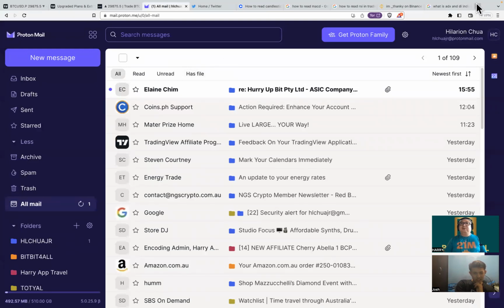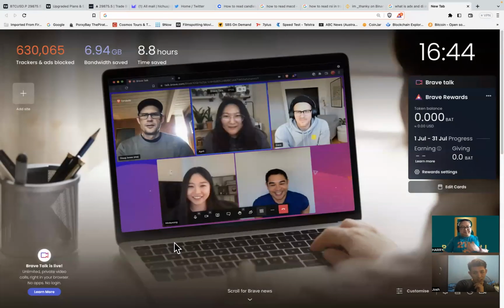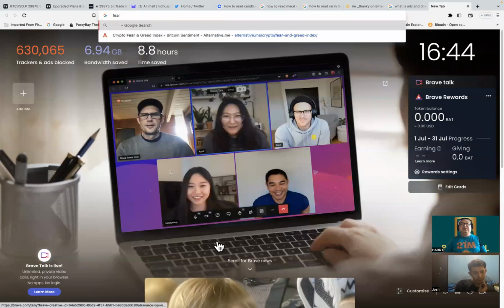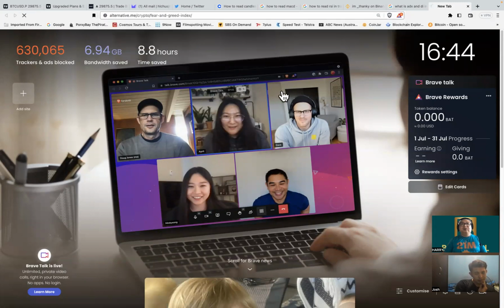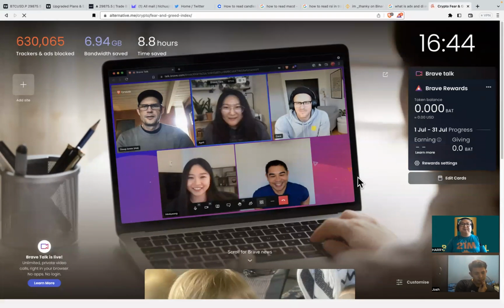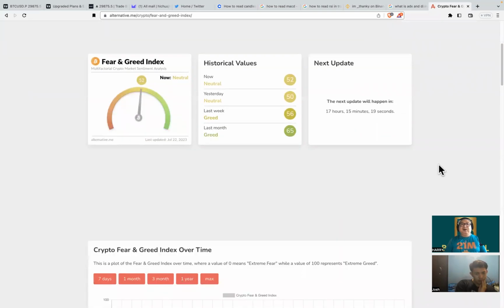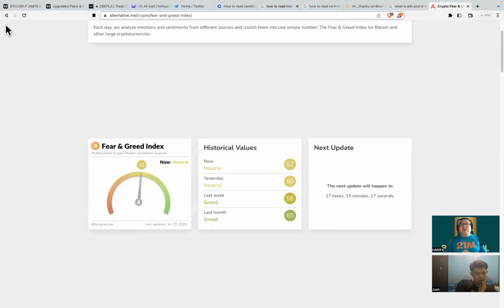Okay, I have another platform, the fear and greed indicator. This is an additional indicator for the entire crypto market, to tell you where the sentiment is.